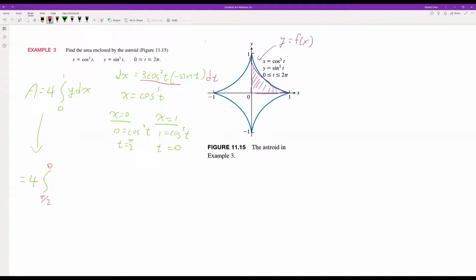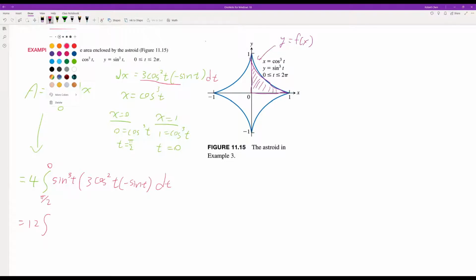Then we have y dx, so y is sine cubed t, and dx is 3 cosine squared t times negative sine t dt. The first thing, I'm going to bring the 3 to the front, multiply it with the 4, and flip the bounds to go from 0 to pi over 2.